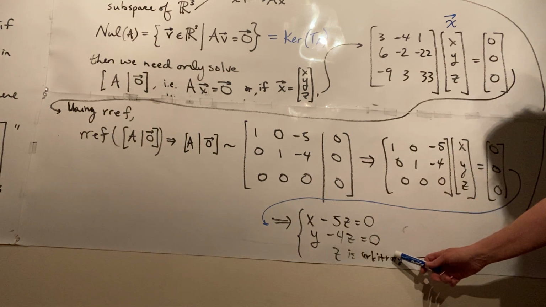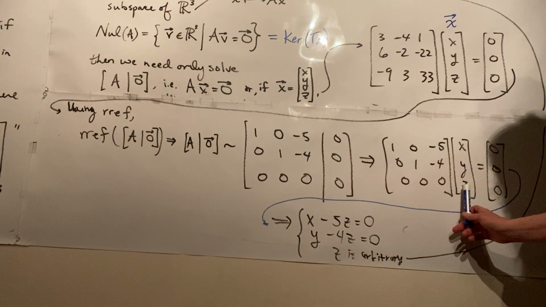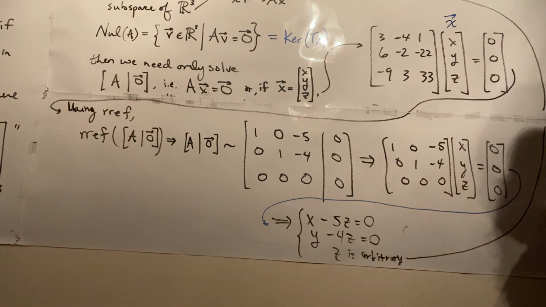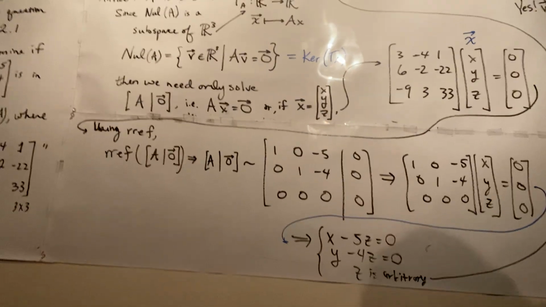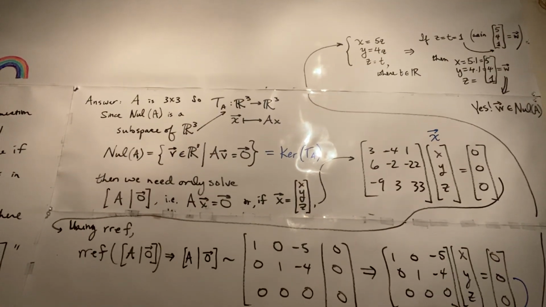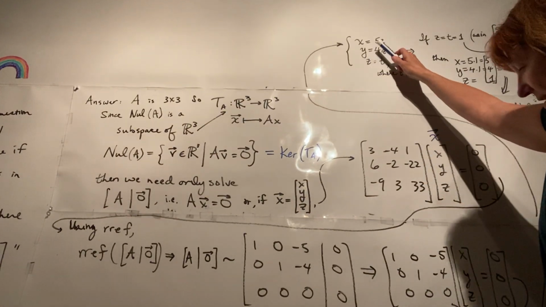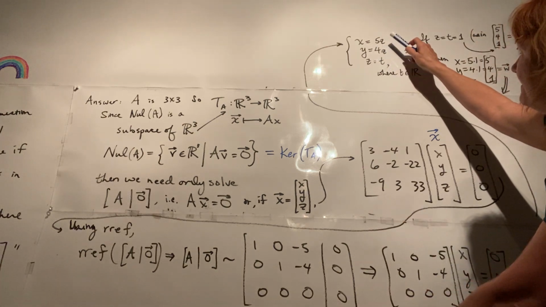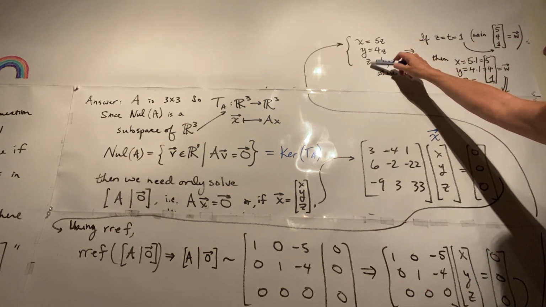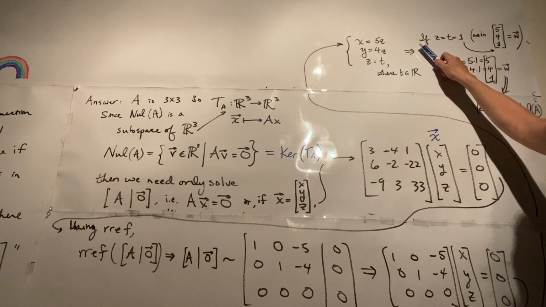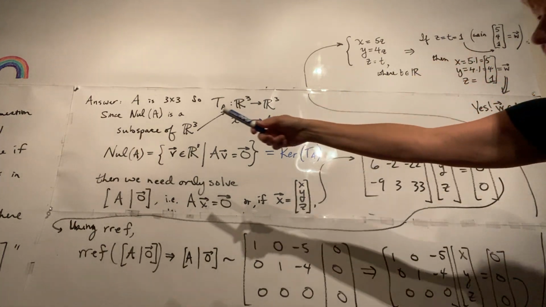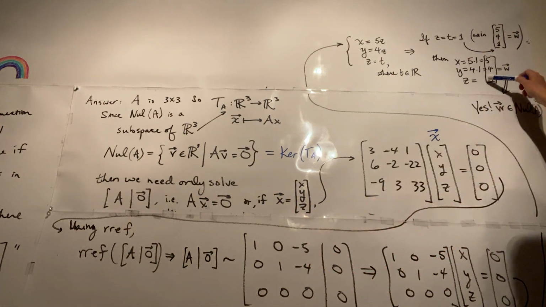And notice there are no constraints on Z. So Z is arbitrary. Taking it up here, because we need more space, we get this. Therefore X is equal to 5 of the Z's, Y is 4 of the Z's, and Z can be any arbitrary real number T. Now, the question was, does (5, 4, 1) belong to the vector space?